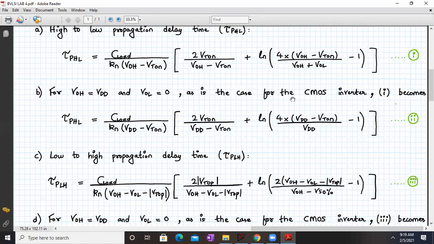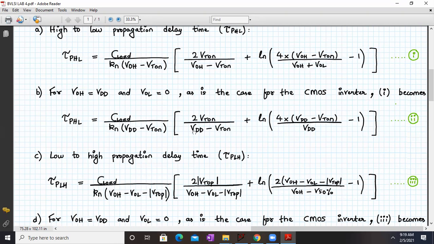Now, for a CMOS inverter, we know that VOH is equal to VDD and VOL is equal to 0. So tau p HL will be modified as shown in equation number 2. Wherever we have VOH, it is replaced by VDD, and wherever we have VOL, it is replaced by 0.